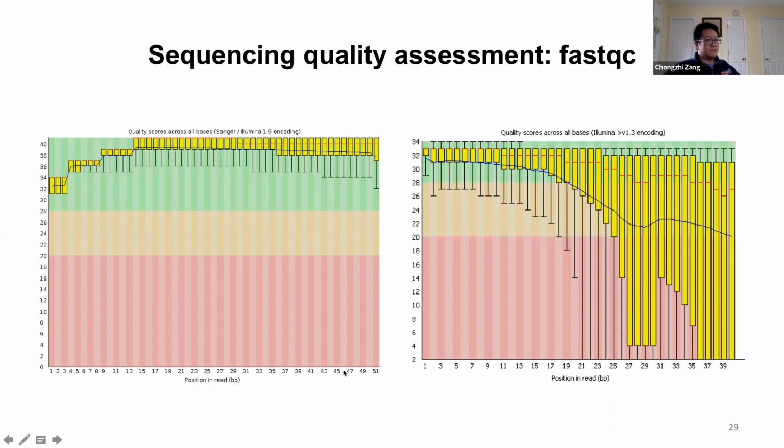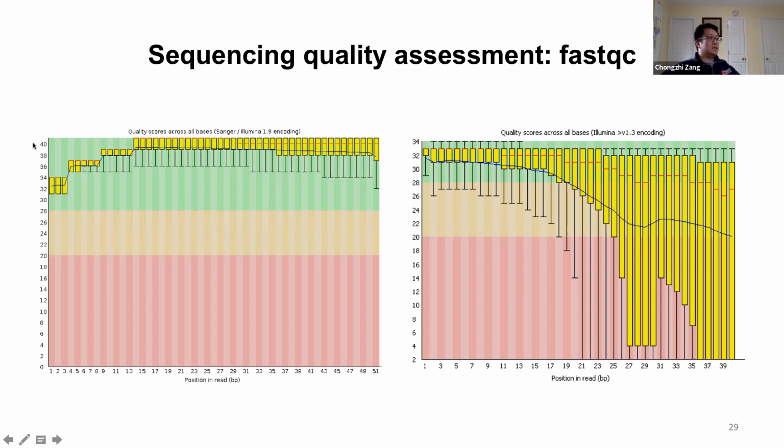So this is the 50 or 51. Each sequence read has 51 nucleotides, and this is a distribution of the quality score of all the bases in the first base of all the reads and the second base of all the reads.